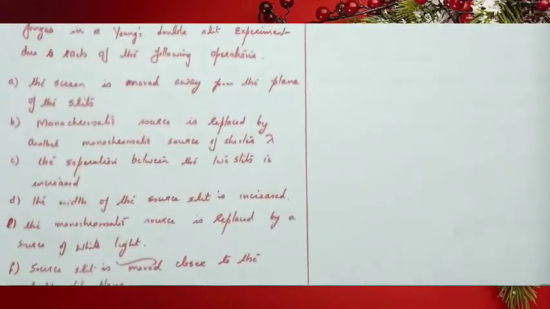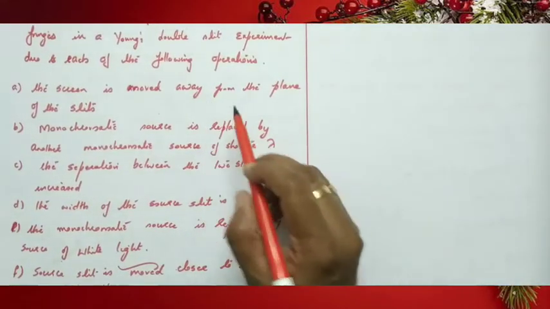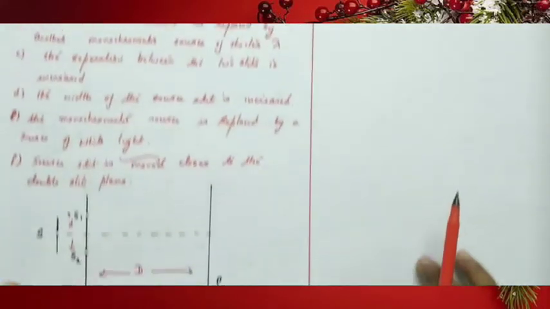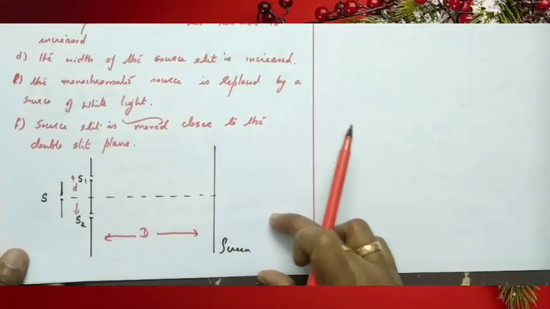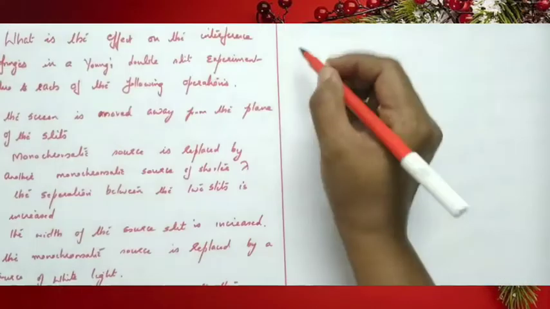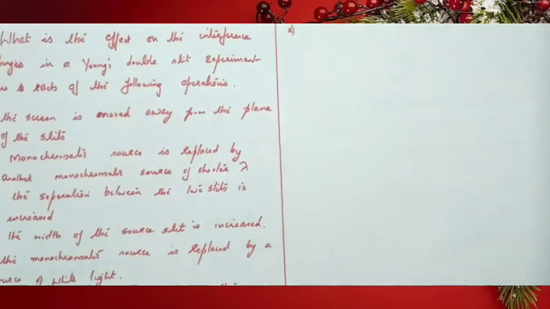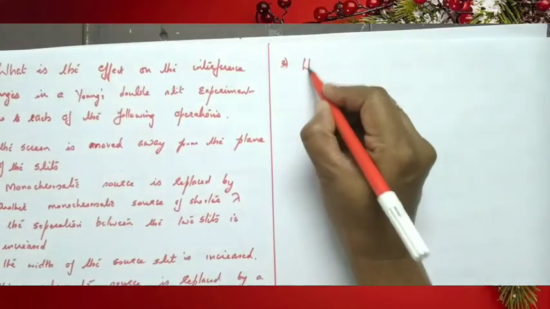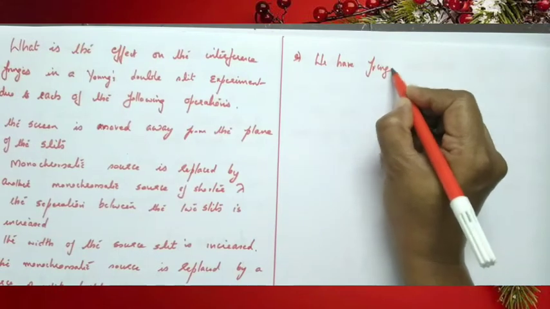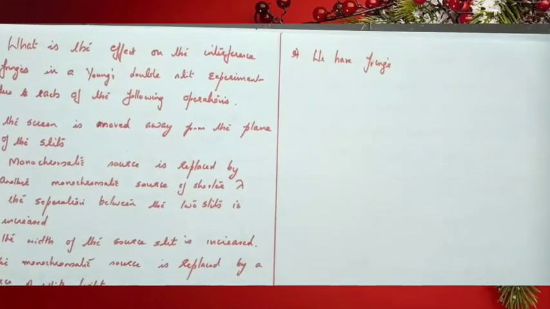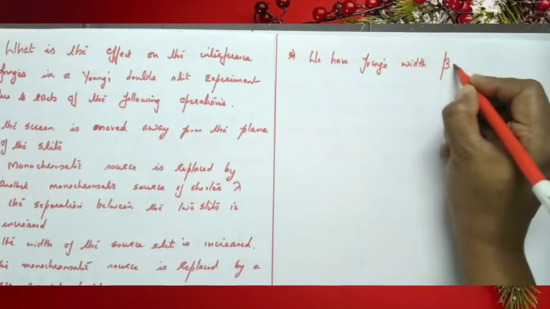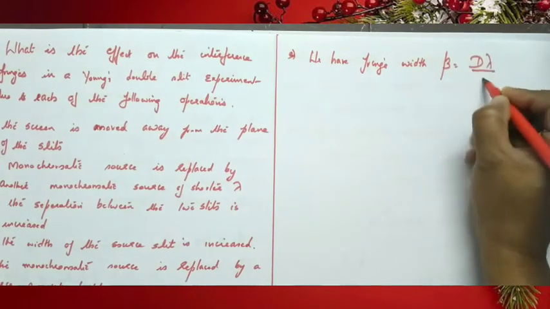We can do one by one. Number 1, the screen is moved away from the plane of the slits. What happens to fringe width? The linear fringe width beta is equal to D lambda by d.